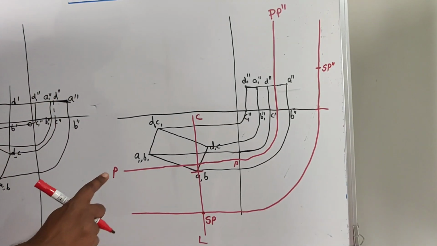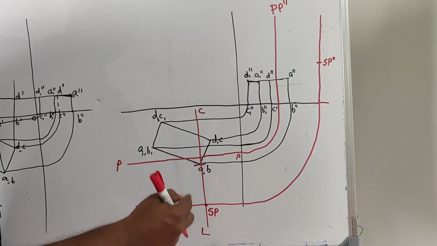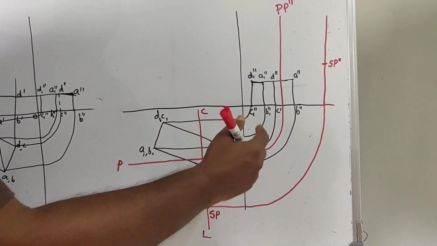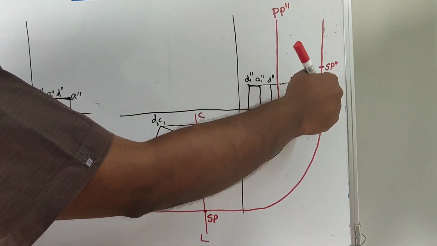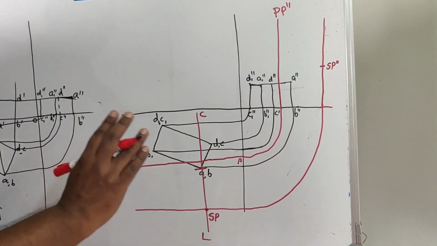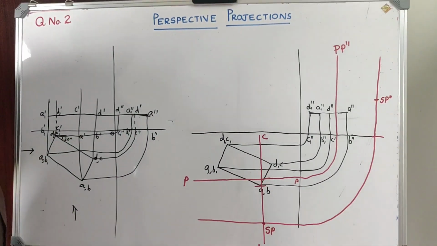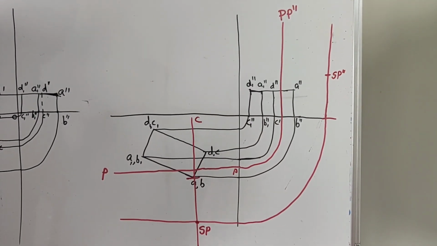So now we got the picture plane, then the central line, then the station point, the top view of the station point, and now we got the side view of the picture plane and also the side view of the station point. So all the things are ready to draw the perspective view. Now we need to find out the points on the picture plane.